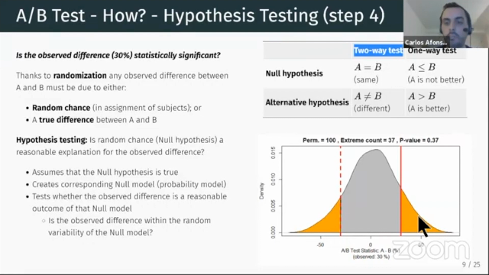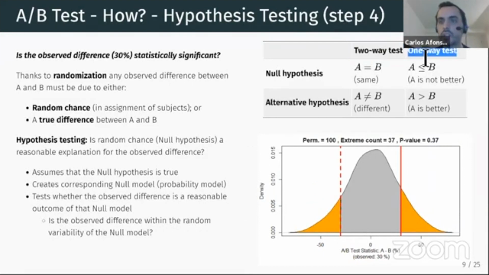If the observed value is not so extreme and it's within the variation of the null model, we have to keep the null hypothesis. If the value that we observed is very extreme as compared to all the others, then we can reject the null hypothesis and we can keep the alternative hypothesis that A and B are different. There's a true difference between A and B. Okay. So we're going to go into more detail on how this is done and how we actually compute the p-value.